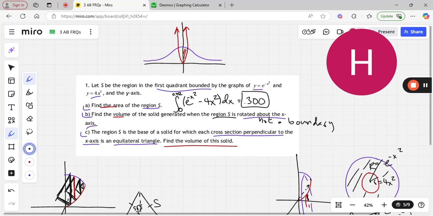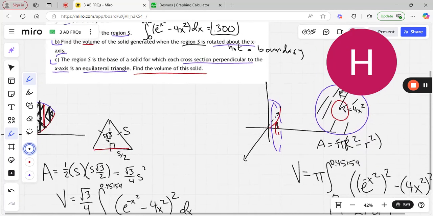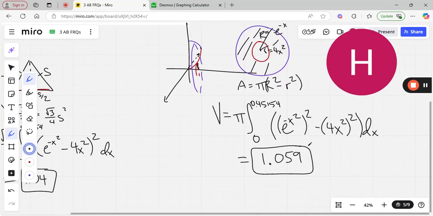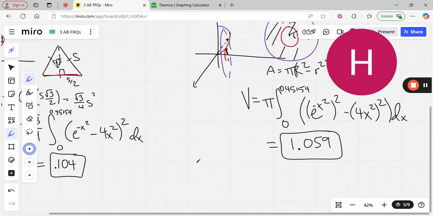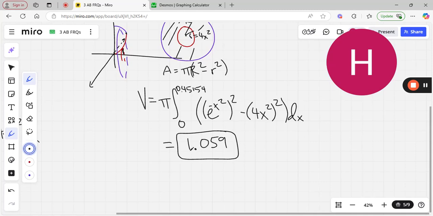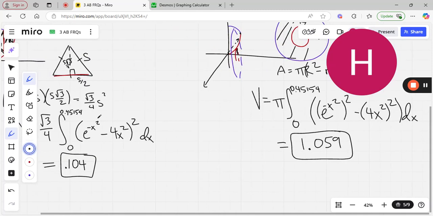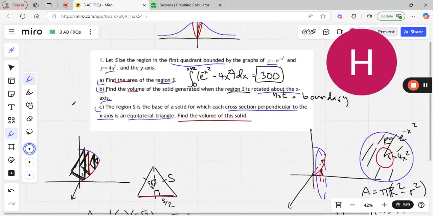Make sure that you understand how to set up the area. Make sure you understand how to set up the volume of a solid that's generated from a rotation. Make sure you understand how to represent your cross-sectional areas, because that's where you're going to be getting points along the way. You're going to get 1 point each time you get a final answer. But plugging stuff in along the way is really what carries your score.